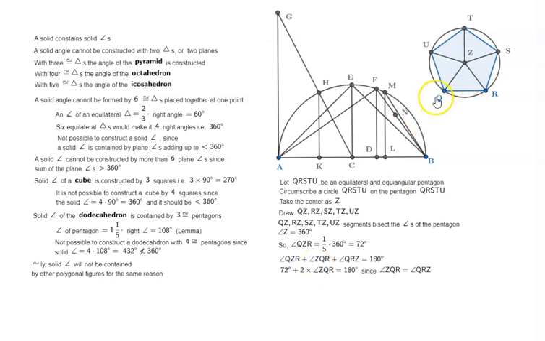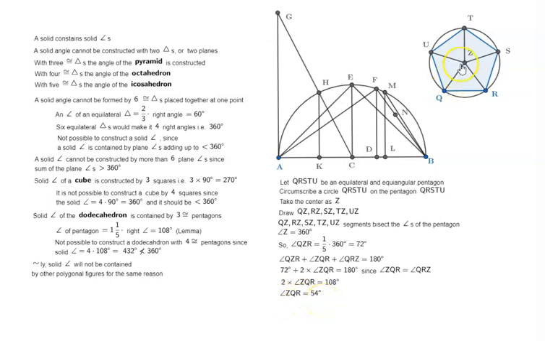So that means we can write these two angles as 2 times ZQR, and the sum equals 180. Now let's subtract 72 degrees from both sides. We get 2 times angle ZQR is equal to 108 degrees. So angle ZQR is equal to 54 degrees.